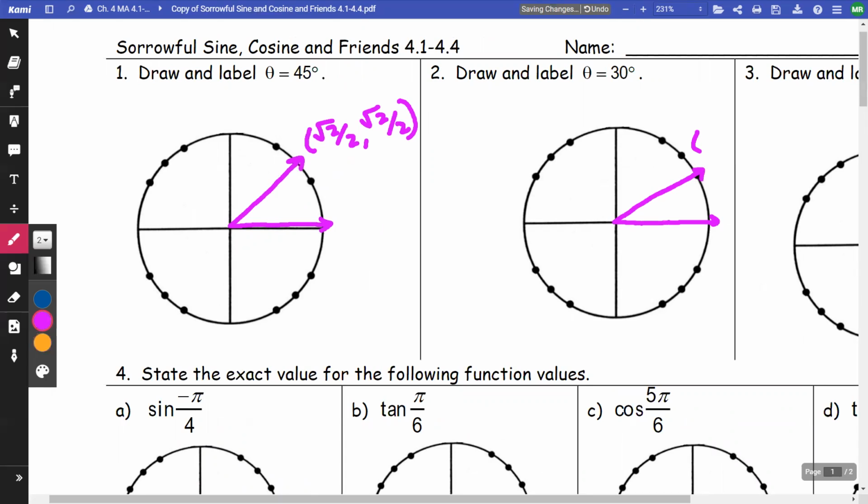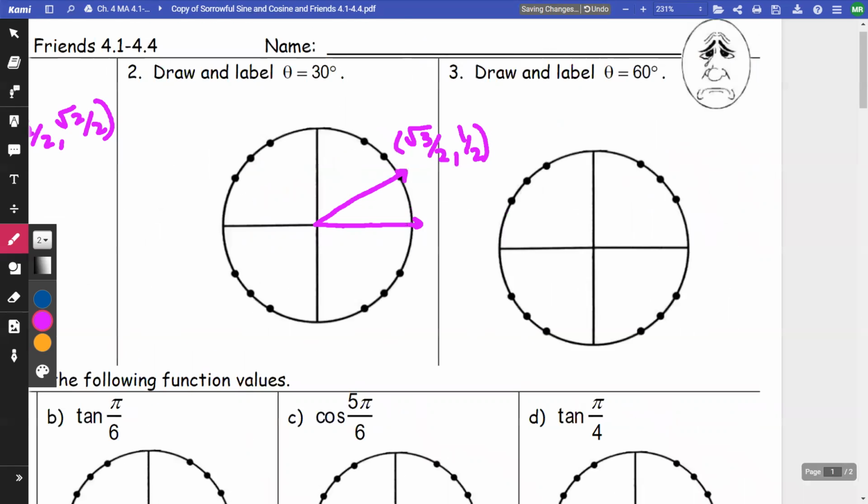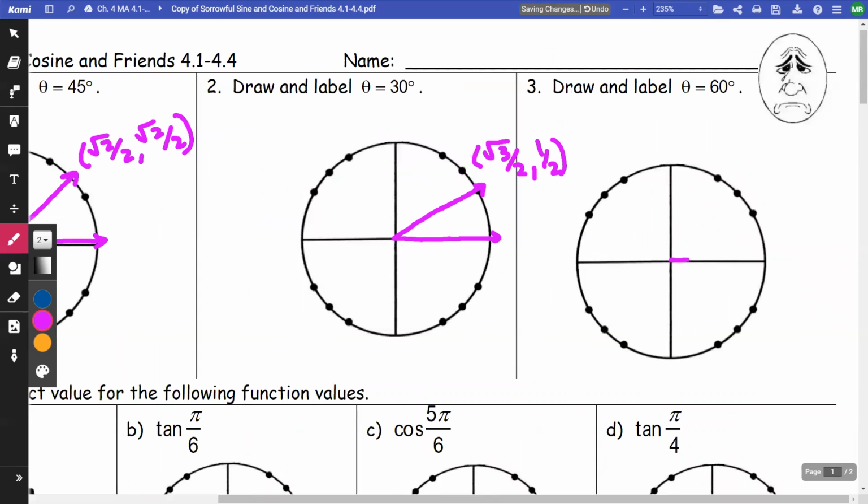And the coordinates of that point are going to be √3 halves, comma, 1 half. On number 3, 60 degrees, the coordinates of this point here is going to be 1 half, comma, √3 halves.